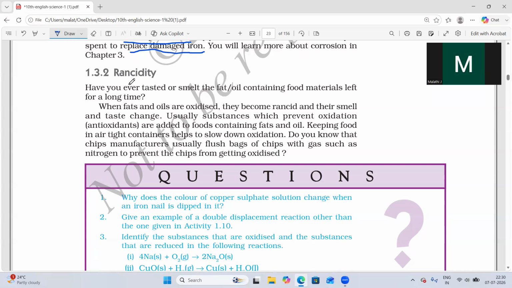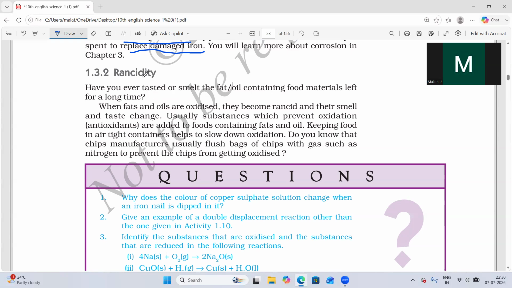For example, if you bring chips from the bakery, open them and keep them for two or three days, the taste of the chips will not be the same as when you first bought them, because the fats and oils get oxidized and become rancid. When it becomes rancid, its smell and taste change.